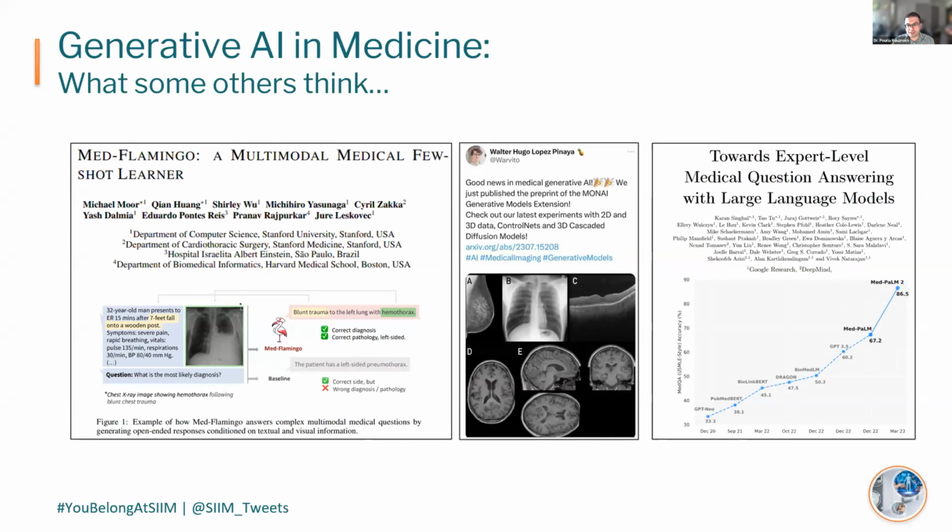And MONAI recently released the package MONAI Generative that can use diffusion models, those fancy new generative AI models that Bardia will talk about, to generate images. And then, there is this fancy competition about which generative AI model is going to be the best, even in the field of medicine, as you can see in the article on the right-hand side.